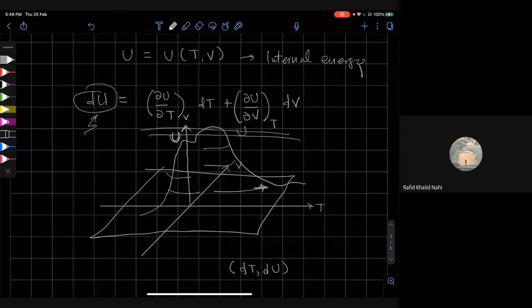So you're saying that the volume is held fixed in the definition of CV? Yeah. Just one second, okay?